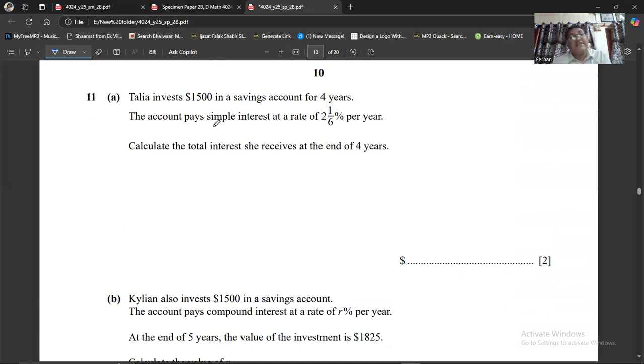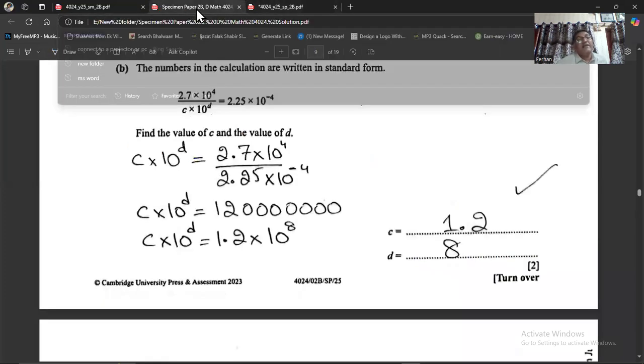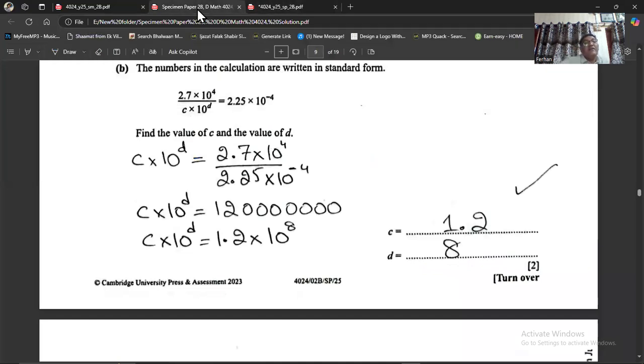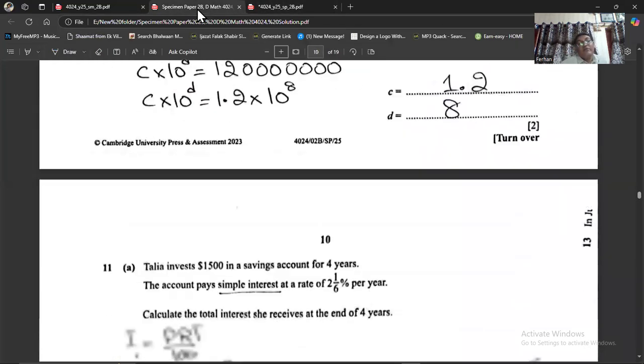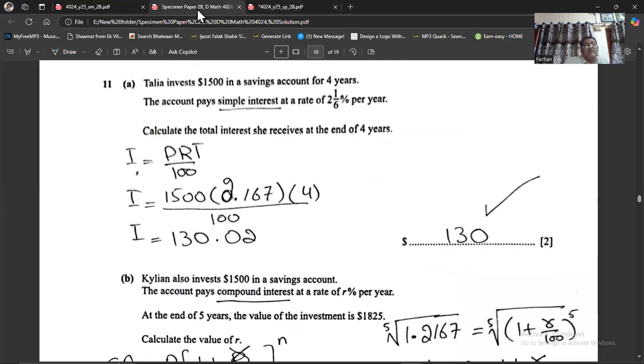So the important thing is that this is a case of simple interest. The P value is 1,500. So this is the principal amount. The time is 4 years. The rate is given. We have to find out the total interest. I is equal to PRT by 100. So just put those values there.